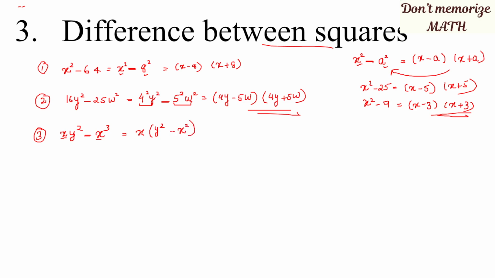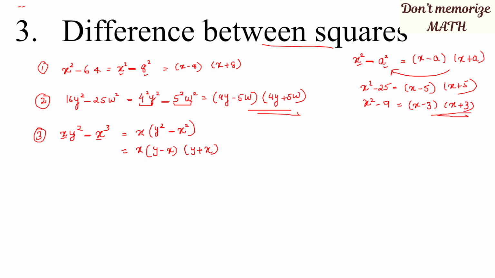Now in the bracket you can see it is difference between squares, so you can split them. Just take y and x, it will become y minus x. Don't take x minus y, y is the first term, so you take y minus x, and here it will become y plus x.